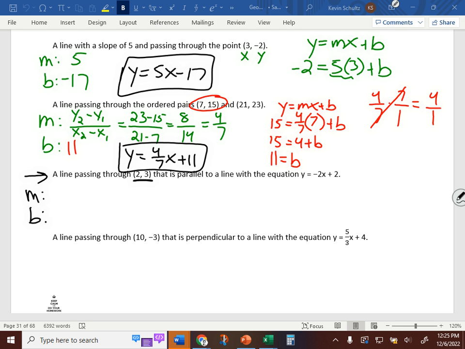So if our line is parallel to this one, meaning they have the same slope, what will the slope of our line be? Negative 2. Right? It's your understanding of what the word parallel means. It means that it's the same slope. Now that we've got that, how do we find b? Lisa.